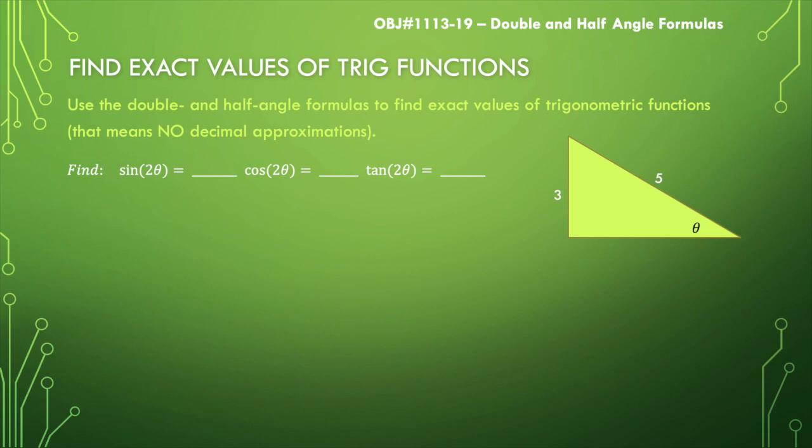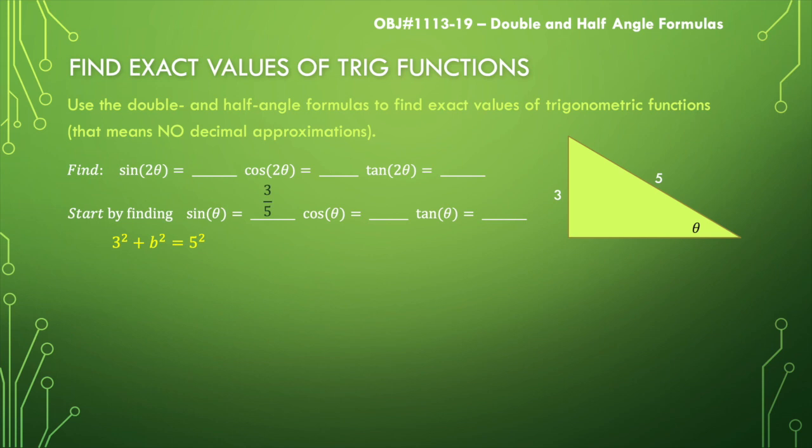So the very first thing I want to do is find the three primary trig functions for theta: sine theta, cosine theta, and tangent of theta. Now sine of theta is easy because we're given the opposite and the hypotenuse. So we can say without a doubt sine of theta is going to equal 3 over 5.